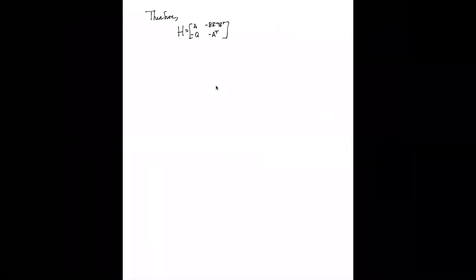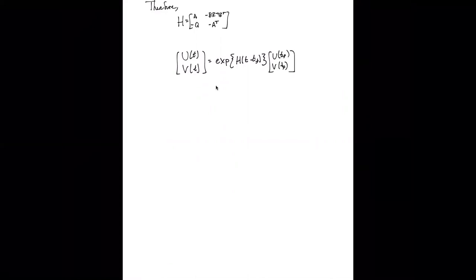And so then if H is an LTI matrix, then the solution of U and V can be defined as the following. Well, it's pretty basic, right? So U of T, just using the exponential matrix, is equal to exponential of H times T minus TF, as you would expect, times U of TF, V of TF. So backwards propagation.